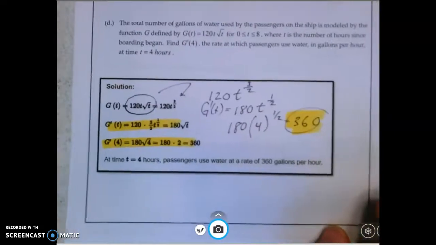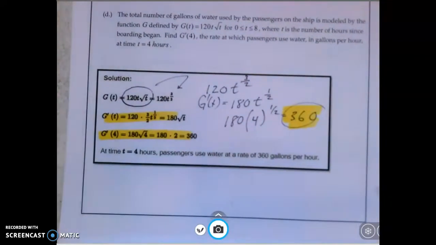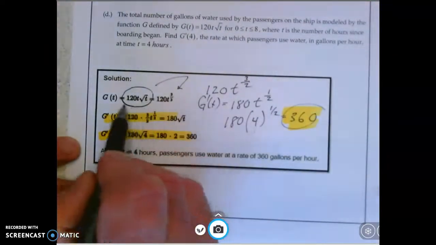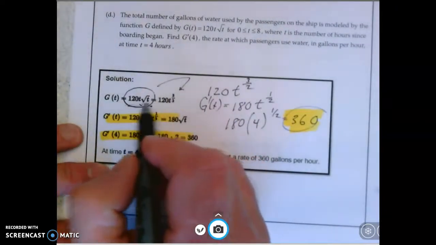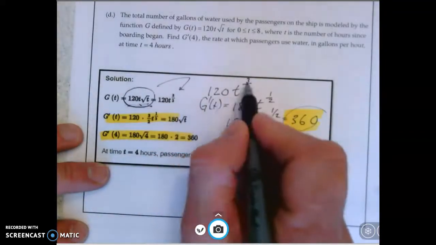Okay, last one. We're talking about the total number of gallons used. They give us a function, G of t. They ask us to find G prime of 4. Don't overthink it. Don't freak out about it. Understand this is very simply a derivative problem. The biggest key here, yes, we could use the product rule, but that's a much more difficult process. The bigger key is to use our rules of exponents, multiply them together, and get 120t to the 3 halves.